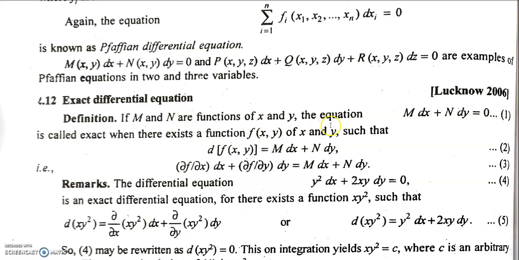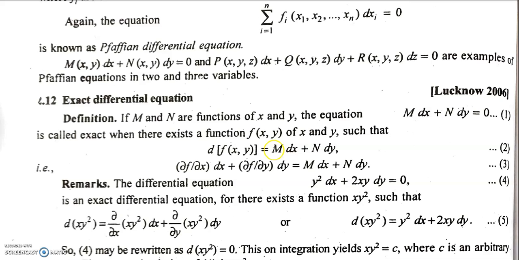For a Pfaffian differential equation of two variables of the form M(x,y) dx plus N(x,y) dy equal to 0, that differential equation will be called exact when there exists a function f(x,y) such that we can write the left hand side as a differential of some function f(x,y).